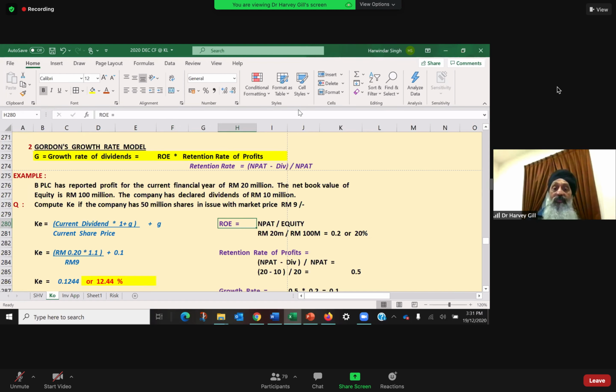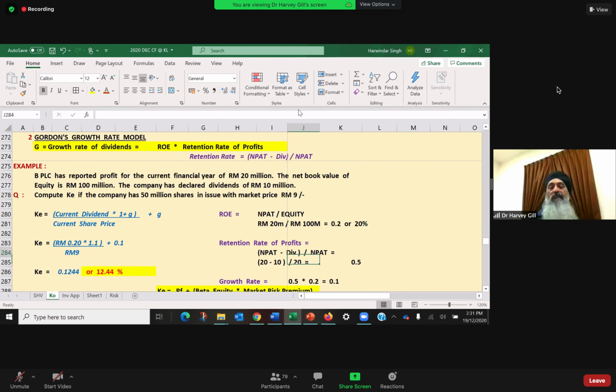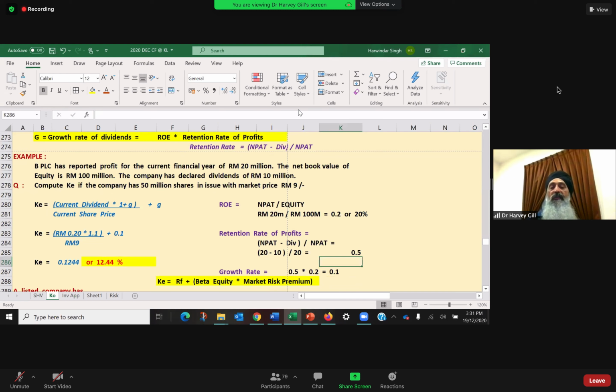Well, to work out G, we know that return on equity is profit after tax over equity. That's 20 million divided by 100 million, 0.2 or 20%. The retention rate, in this case, is 50%. But because we call it a retention rate, it might be an idea to just put it as a decimal. So that when you work out the growth rate, you will say growth rate is 0.5 multiplied by 20% or 0.2, which gives you 0.1.